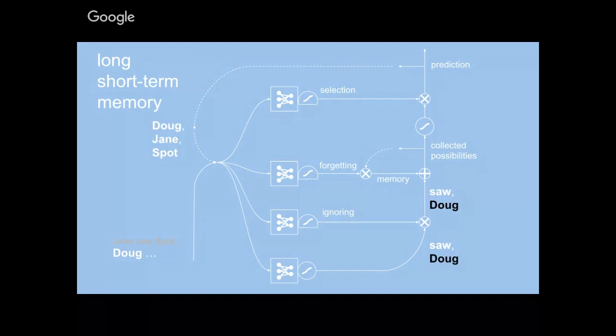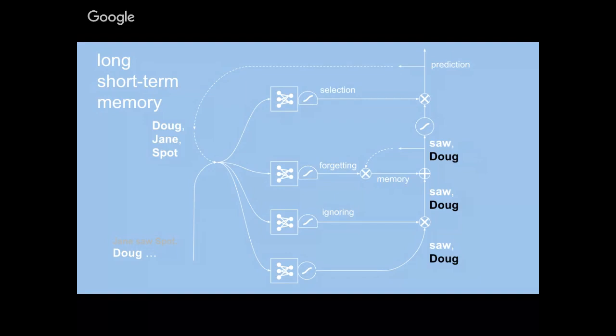Basically, what the forgetting gate learns is that it'll output Doug because it's already seen Doug very recently. If it's seen something very recently, it'll add a higher weight to forget it.